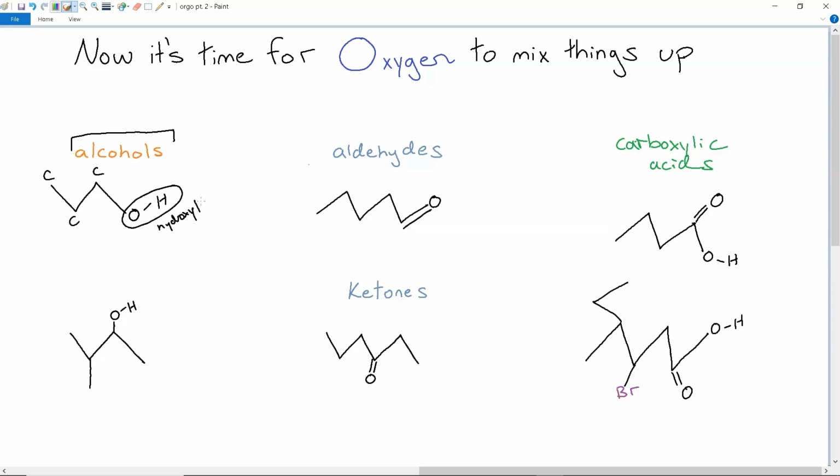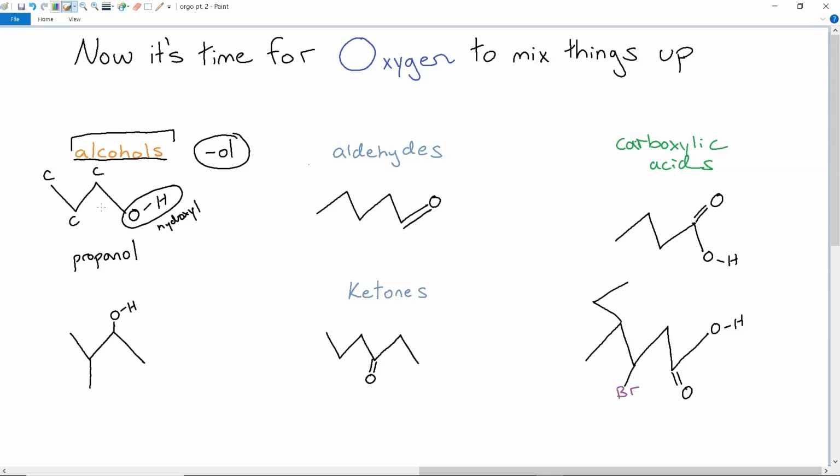And whenever I see this, an oxygen with a single bond to a carbon and then a hydrogen bonded to that oxygen, that's when I know I have an alcohol. So for the naming conventions for alcohols, we are just going to use the OL suffix and attach it to the main carbon chain that we're dealing with. So we have 3 carbons, that would be a propane, but because we need to reference the fact that it's an alcohol, we're going to call it propanol.